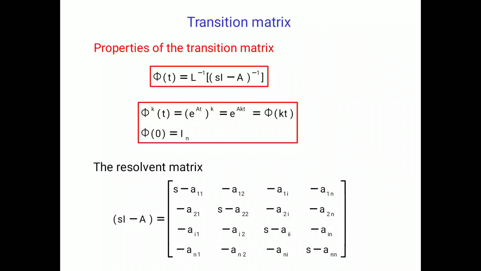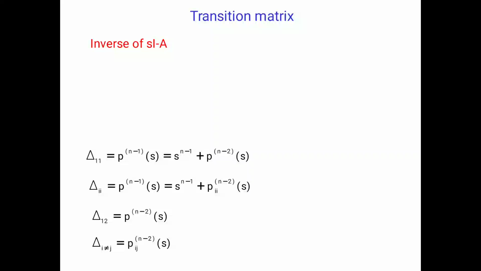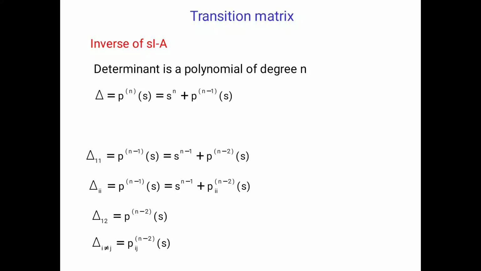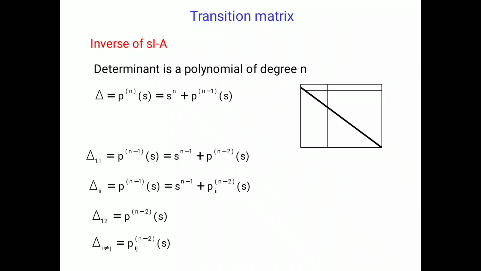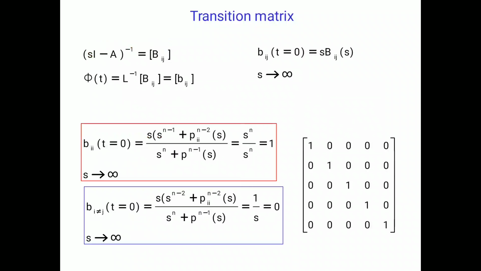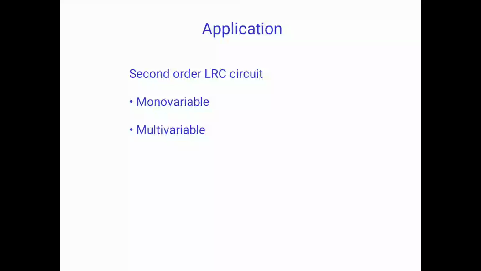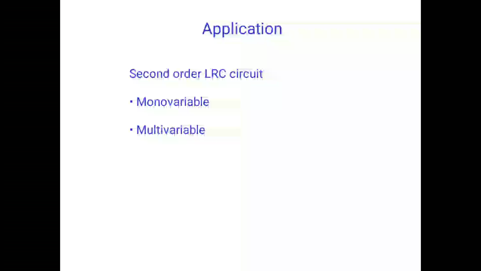I is the identity matrix and A is the system matrix. The inverse of sI minus A is found using cofactors and minors, the basic concept in matrices. So (sI minus A) inverse is the basic term, and we take its Laplace inverse. In this way we can find the state transition matrix. It finds applications in various electrical circuits like the RLC circuit.